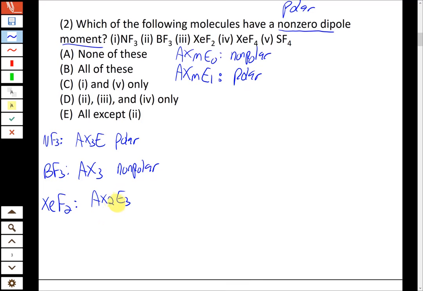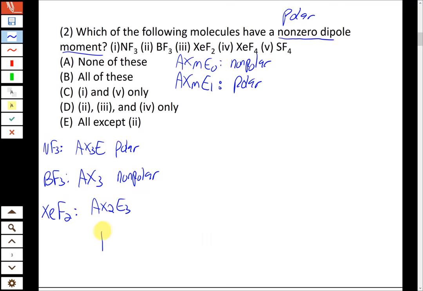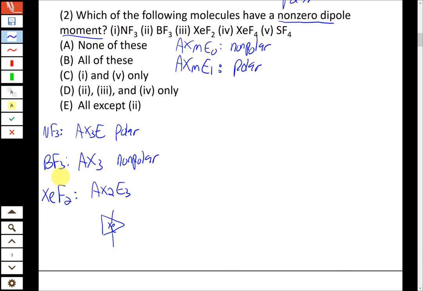So if it's AX2E3, it has 5 total electron groups, and as we said in the last problem, that means it's going to be trigonal bipyramidal in terms of the electron group arrangement. And then however many lone pairs we have always go on the triangular part of the trigonal bipyramid. So we have 3, they're going to all occupy the corners of the triangle, and that leaves the fluorines here and there.